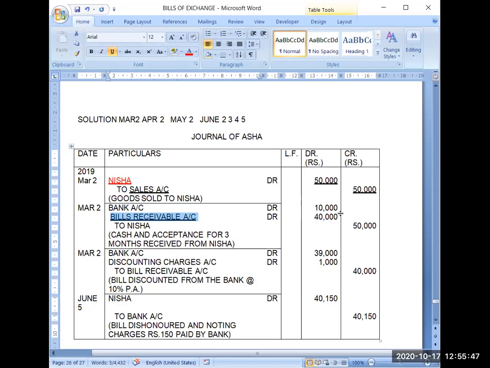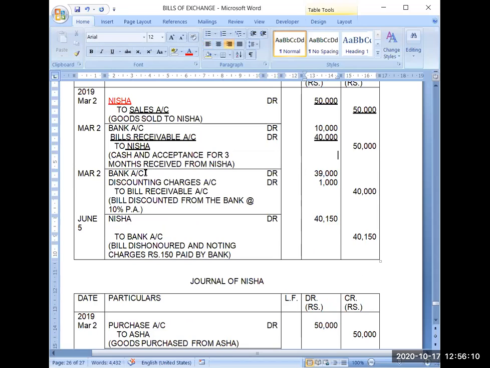This amount was also missing there. Then these all three we have filled on our own.